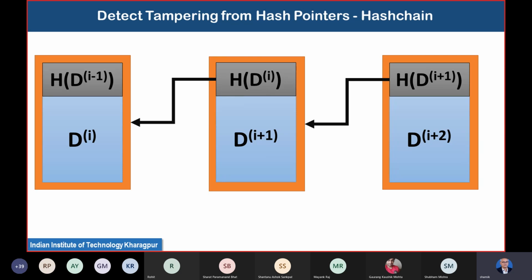So if one wants to change DI and then update all these hash pointers down the line, which could be say 100 such hash pointers, each of them will take a lot of time. So that's why it will become very difficult to tamper with the data once the data has been entered and added in one of these blocks, as we see here.